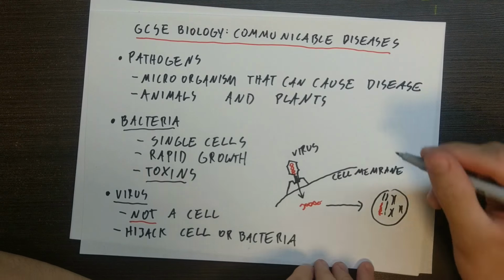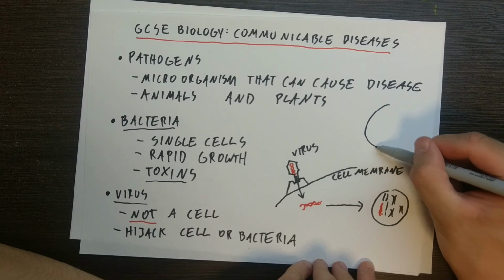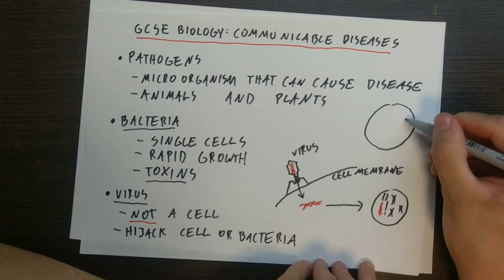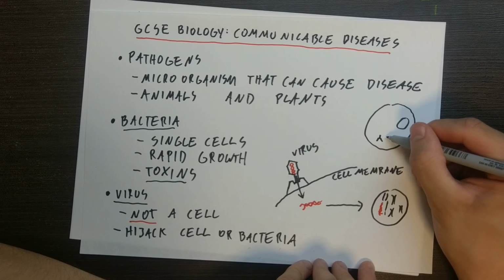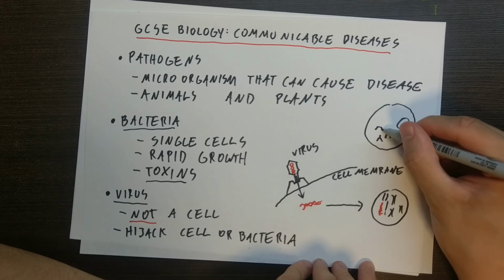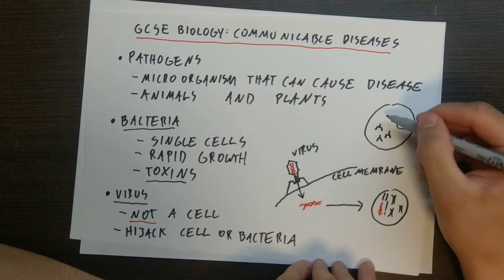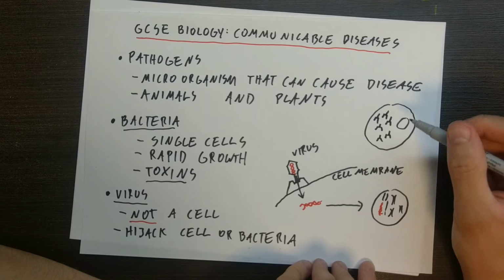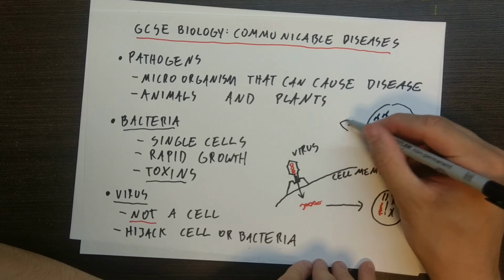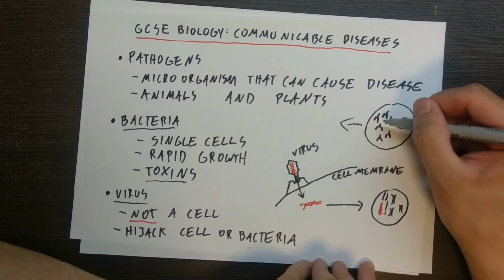So what happens next? What happens next is the cell starts producing lots of these little viruses, the same viruses, identical replicas. And then those viruses exit the cell.